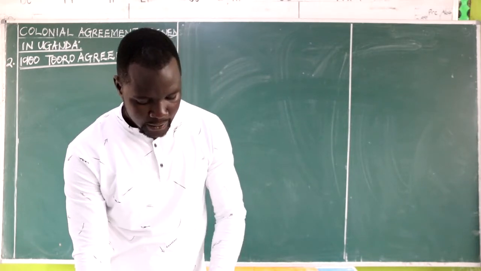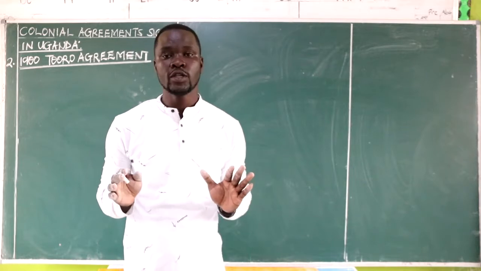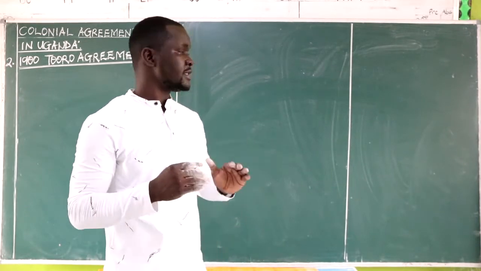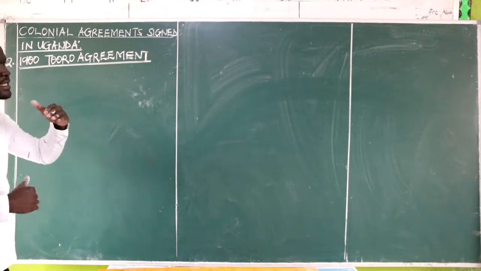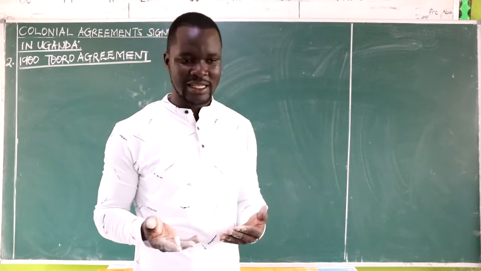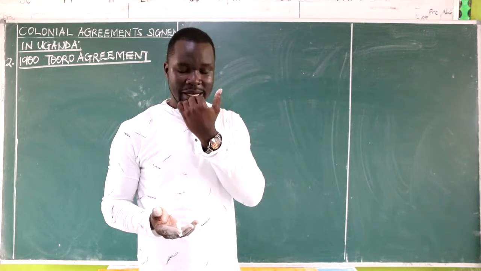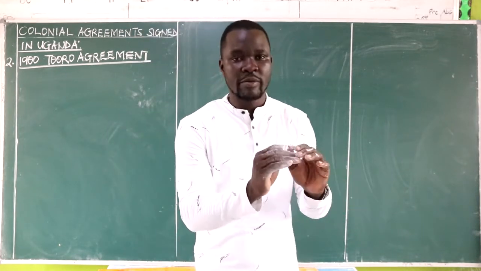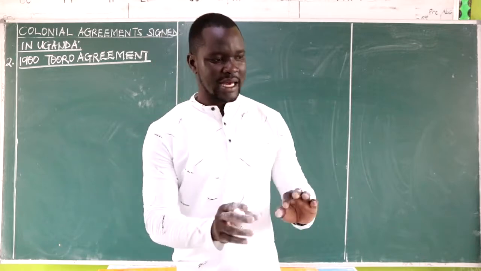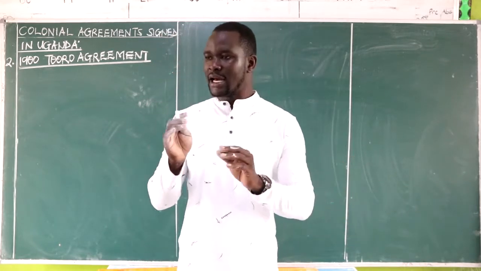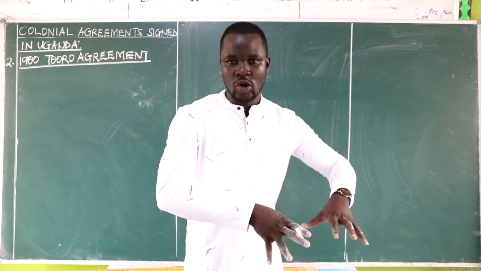Okay, so here we are going to have the agreement signed between Britain, still with Toro as a kingdom. This time it was not again Uganda. Remember, I said the British were signing treaties or agreements with different communities in Uganda. Today they have signed with Buganda. They have finished. Now it means Uganda is under their control.